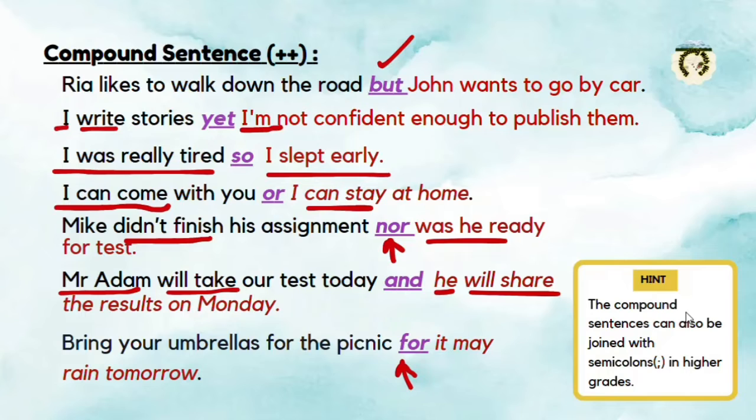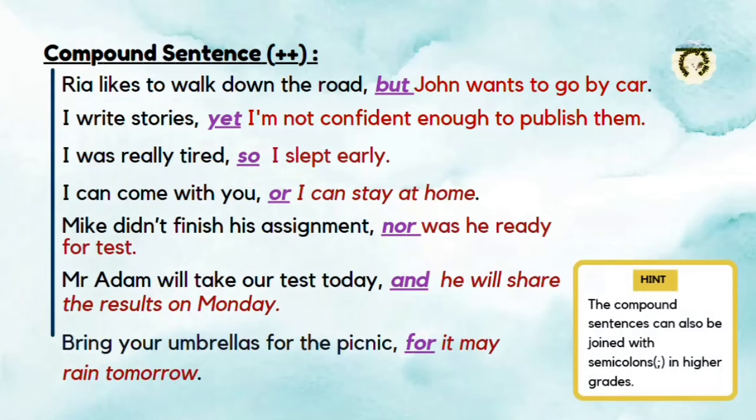In higher grades, you may find some punctuation marks that can be used for coordinate conjunctions, especially semicolons. So we can replace "and" with a semicolon. If you want to learn more about this, I'll be sharing some blog posts in the description box of the video. You can read them. Moving forward, I have again written these compound sentences, the same ones, but here you will notice that I have separated the independent clauses with a comma.